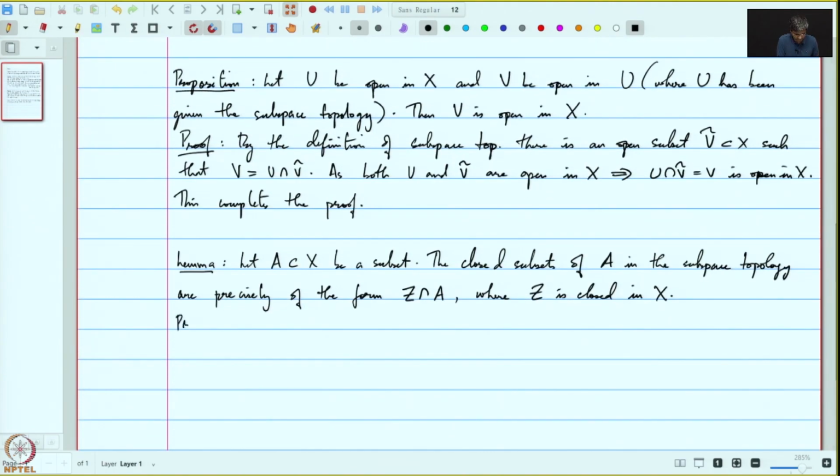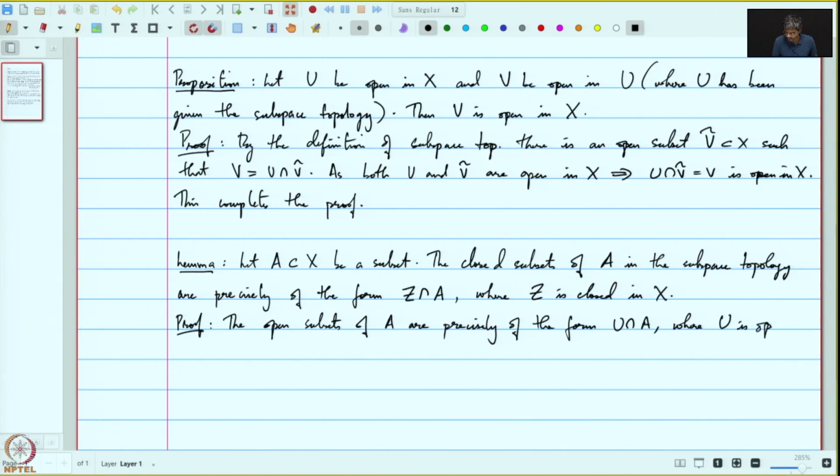So let us prove this lemma. The open subsets of A are precisely of the form U intersection A, where U is open in X. And the closed subsets are the complements of open subsets here. So thus, closed subsets of A are precisely of the form A minus an open subset.